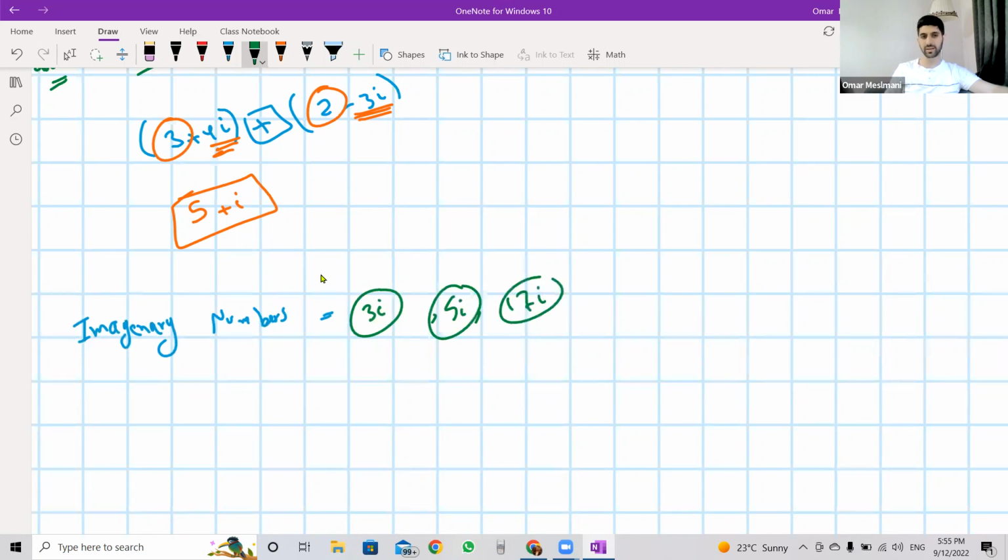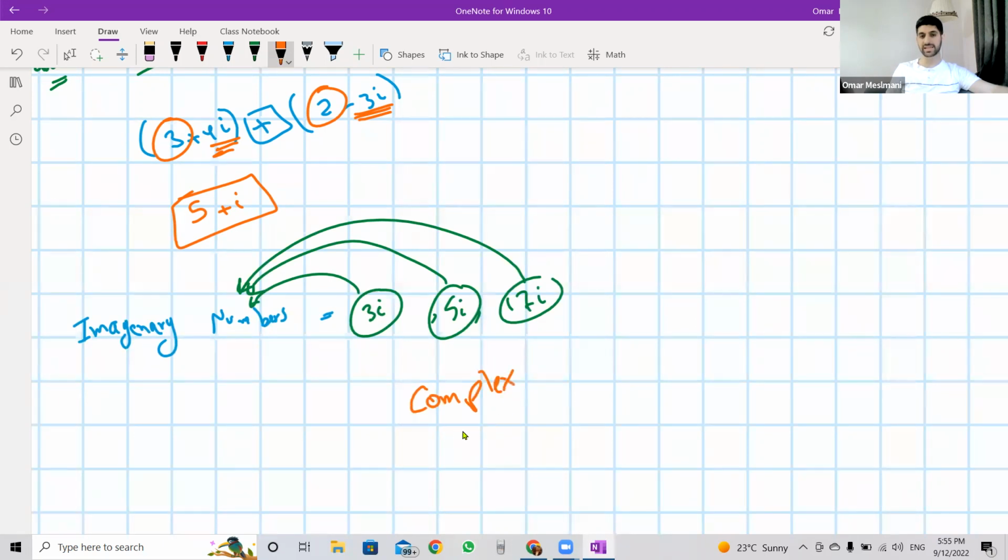Anything with an i is what we call the imaginary numbers, okay? But what is the concept of saying complex? Complex, it is basically a mix. It is once you have a real number, you add it with the imaginary numbers. That's what we called it.